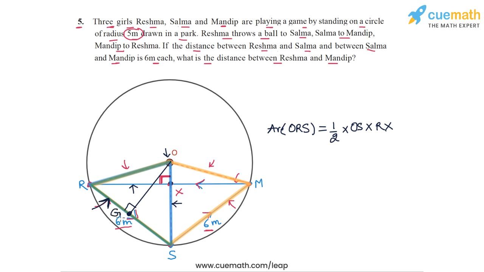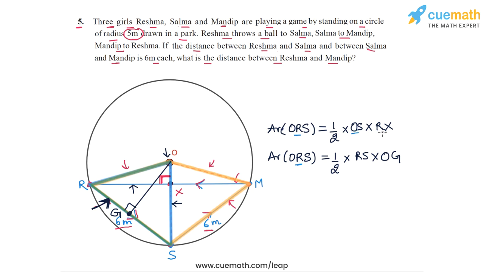Let's call it G. The foot of the perpendicular is G. Then the area of ORS, this triangle, can also be written as half into the base RS into the altitude OG. So the area of triangle ORS can be written in two different ways.